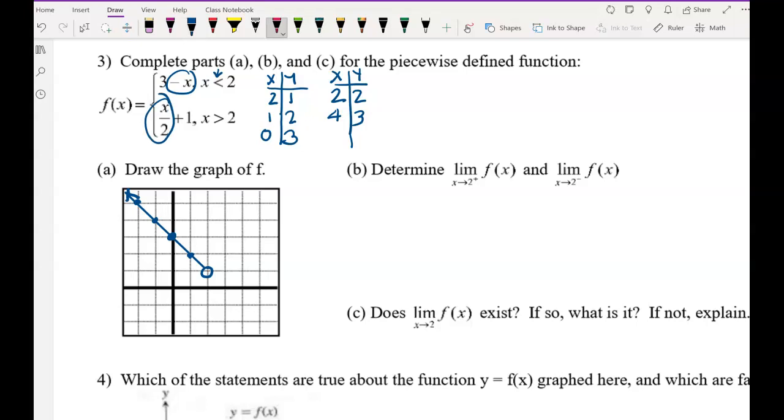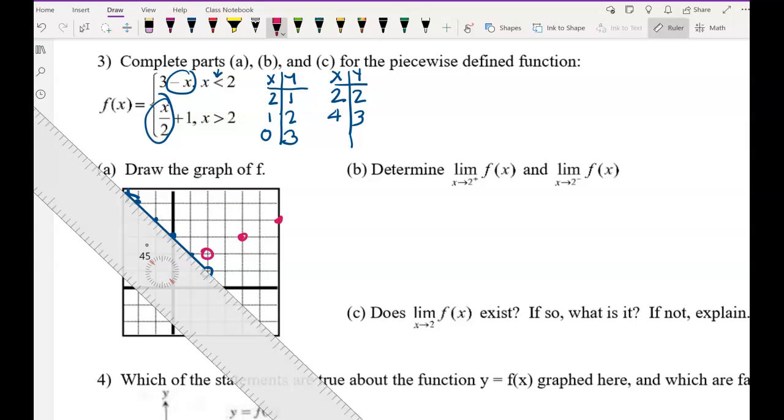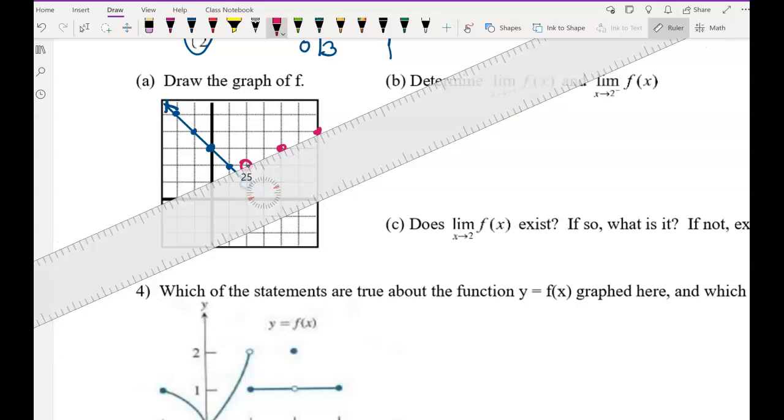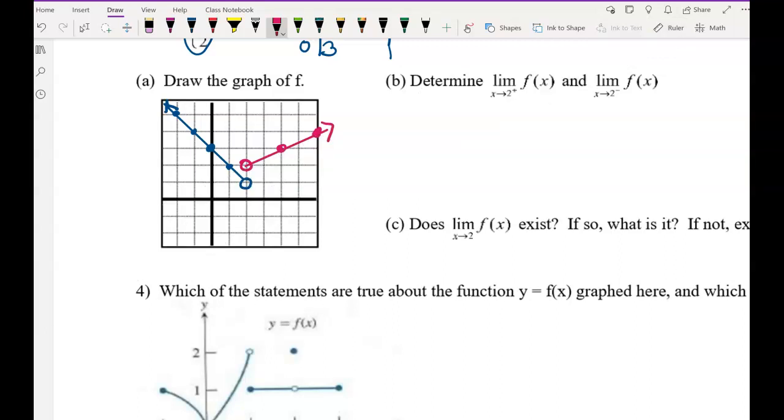So 2 up 2, open circle, 4 up 3. Technically I can just make the next dot, use a ruler, connect those dots, and have an arrow. You can always go beyond the grid. So part A, we drew the graph.